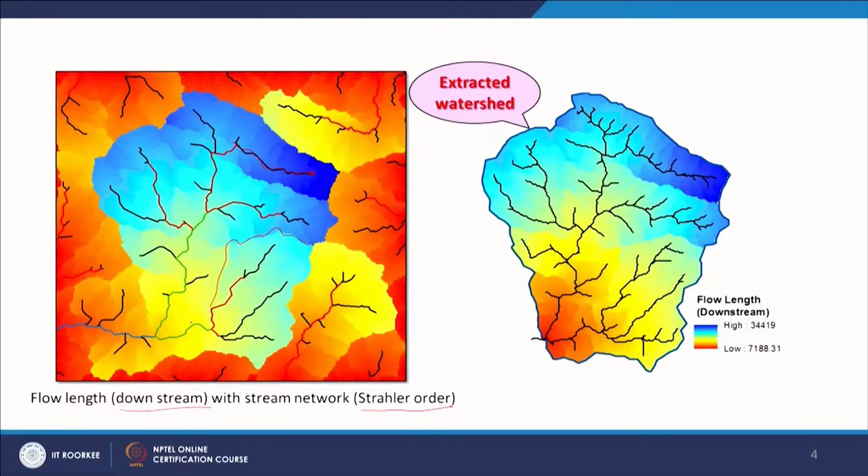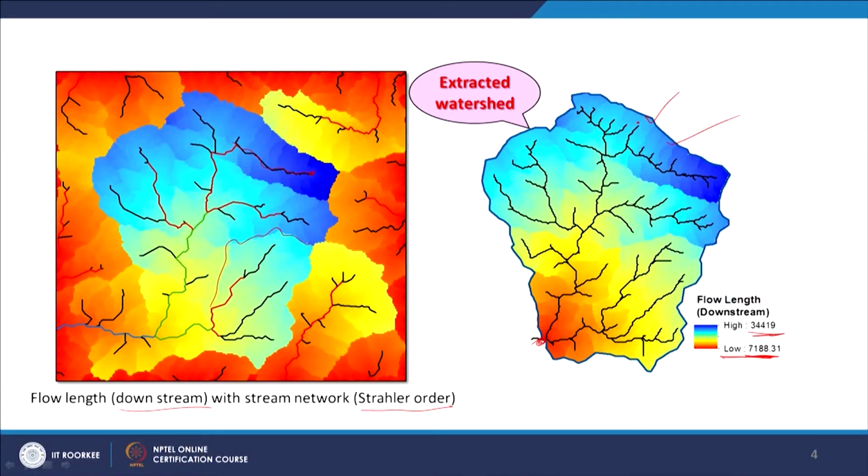So we can extract a watershed boundary as is here, using some other tools like delineation of watershed, again using surface hydrologic modeling, deciding this is my outlet. As you can see here, the low values, the colored values, are relatively small as compared to the one which you are having here higher.